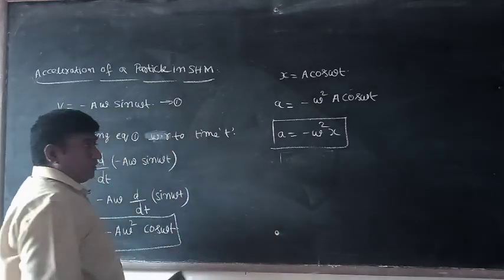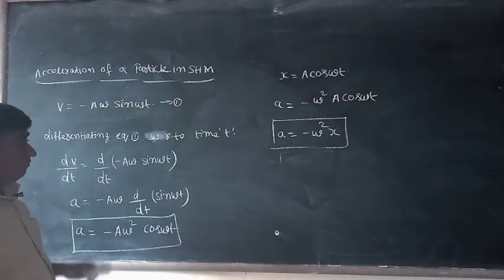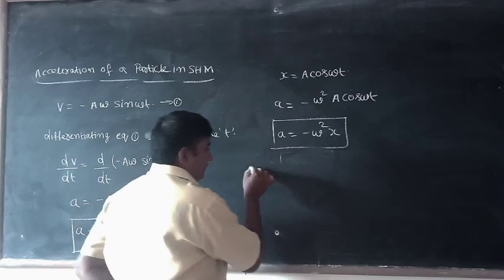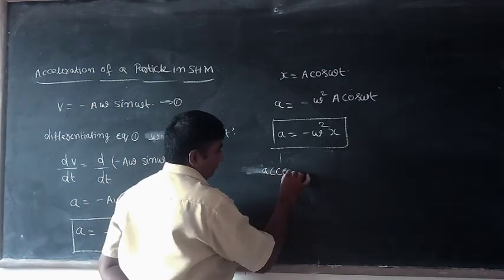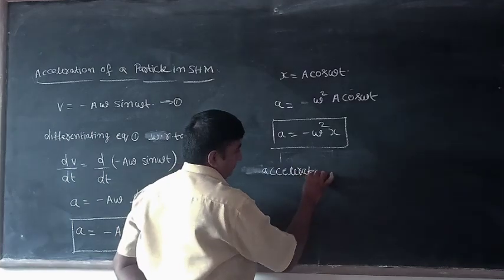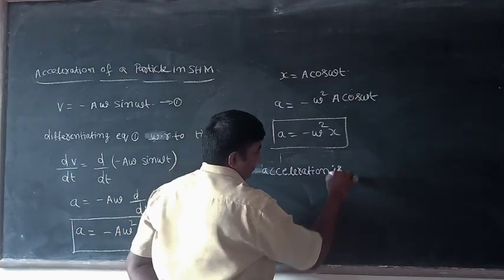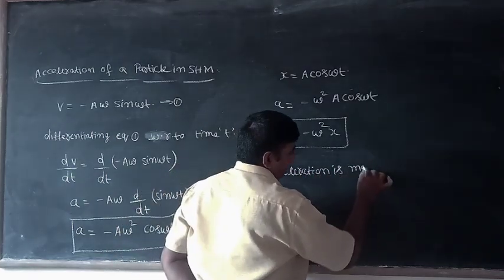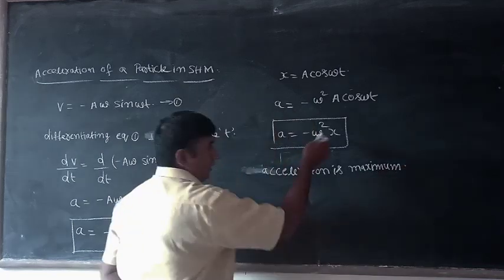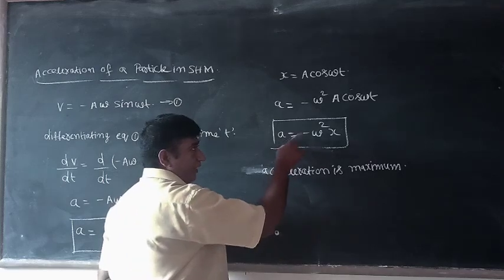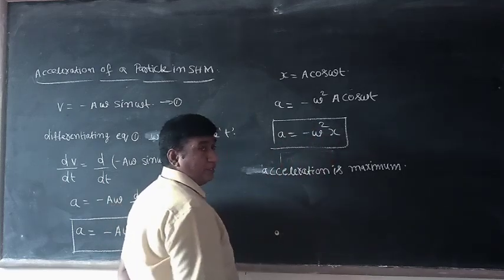In the same way, when acceleration is maximum: you have seen a is equal to minus omega square x.